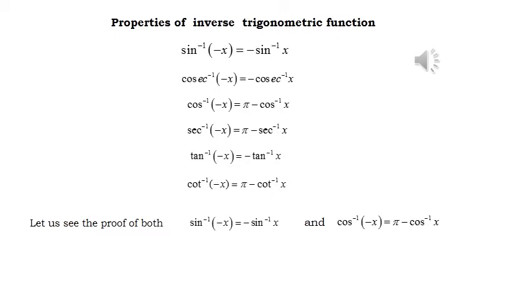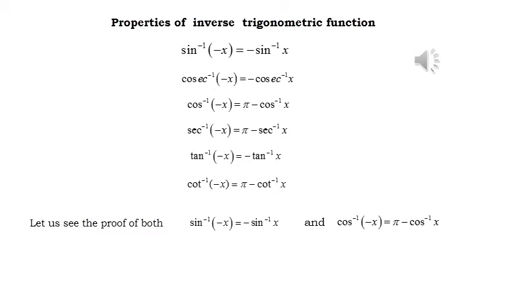So the negative values lie in the second quadrant. Because of the second quadrant, cos inverse of minus x equals pi minus cos inverse of x. Similarly, secant inverse of minus x equals pi minus secant inverse of x.